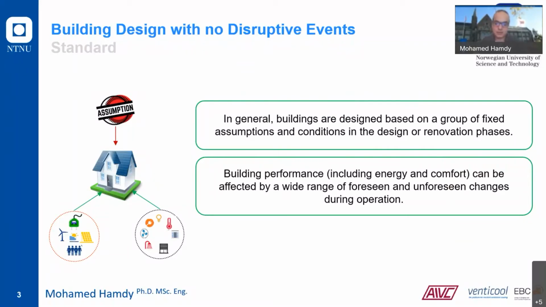Of course, there are a lot of uncertainties, but we do that based on a standard and some given inputs by standard of each country, which are different. Those assumptions don't consider resilience and how it can be quantified.